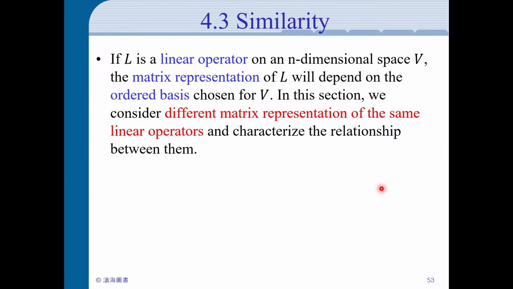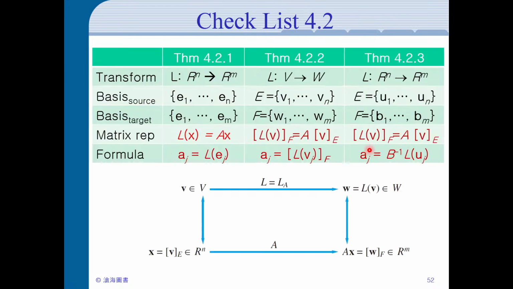Okay, so 4.3 is just a little extra structure we can talk about for the matrix. Similar to before, we have this Rn to Rn setup, and obviously the matrix A you find depends on the basis you choose.